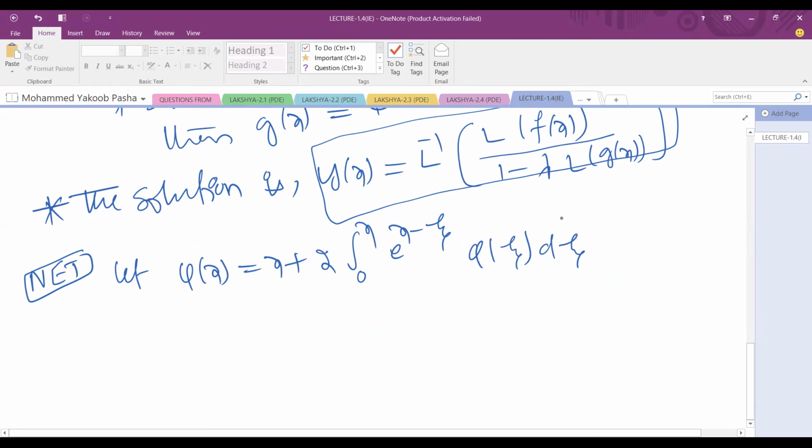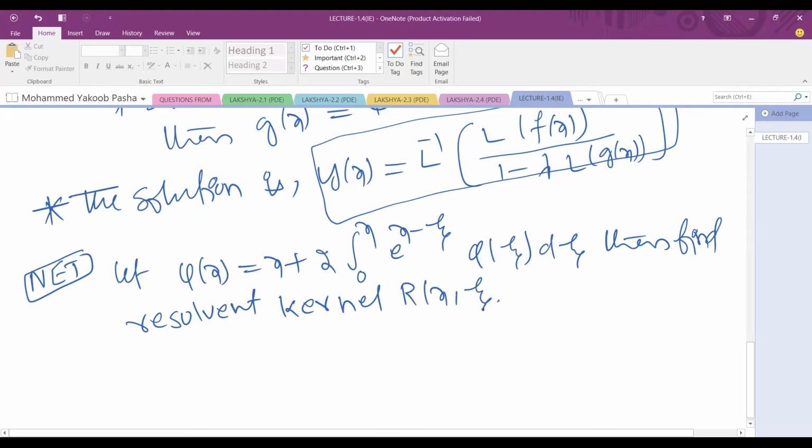Then find the resultant kernel r of x comma z comma lambda. We have two methods here. Lambda is my 2.